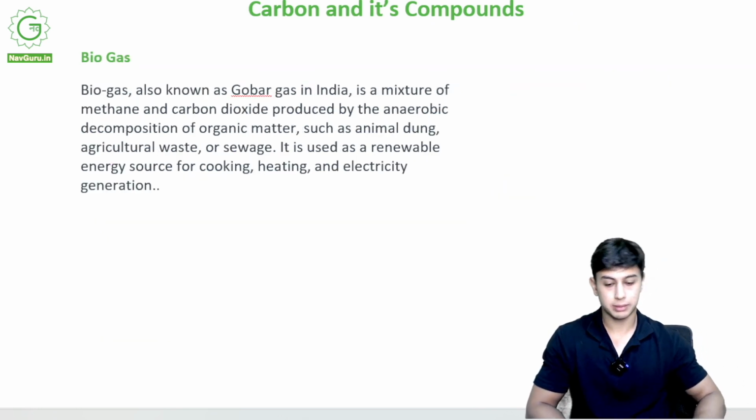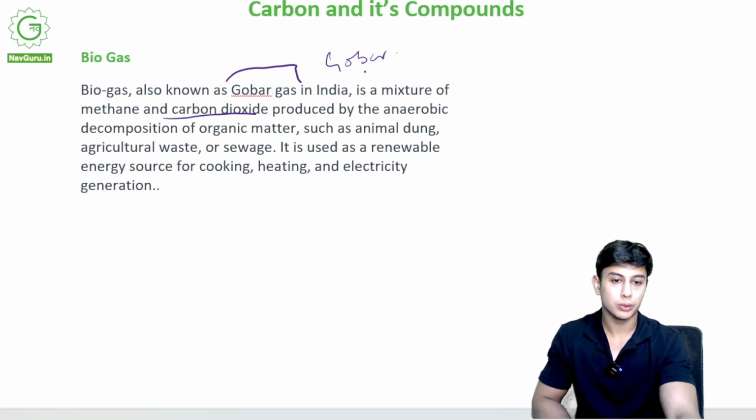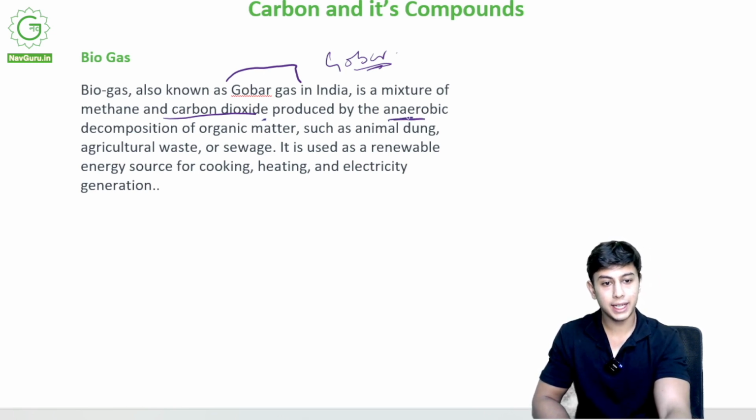Biogas. What is biogas? Biogas is also called gobar gas. You take gobar, cow dung and all. It's a mixture of methane and carbon dioxide. You burn it, it produces heat, energy. Biogas is produced by anaerobic decomposition. What is anaerobic?